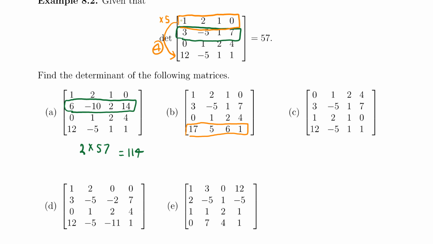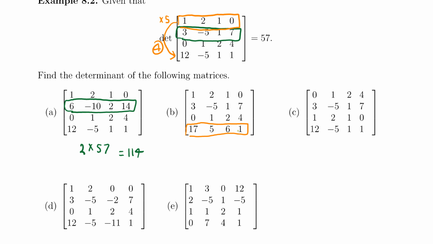So if I multiply 5 to 1, I get 5, add that to 12, so I get 17. 5 times 2 is 10, 10 minus 5 is 5, 5 times 1 is 5, I add that to 1, I get a 6. 5 times 0 is 0, and I add that to 1, so I get 1.